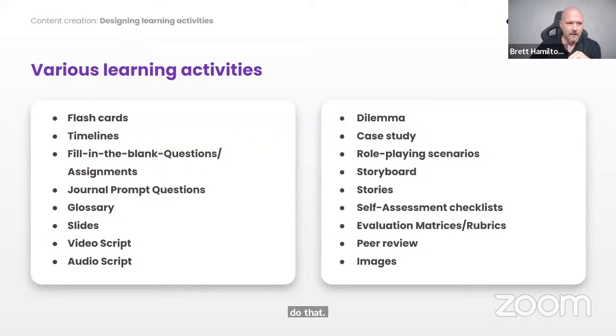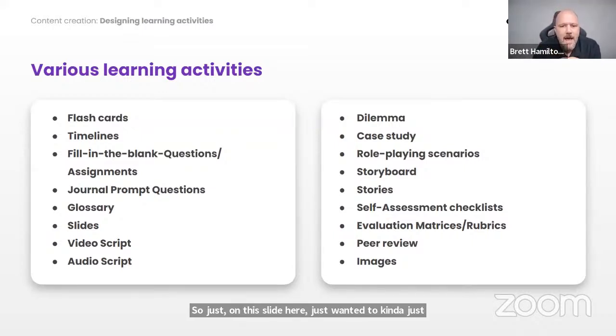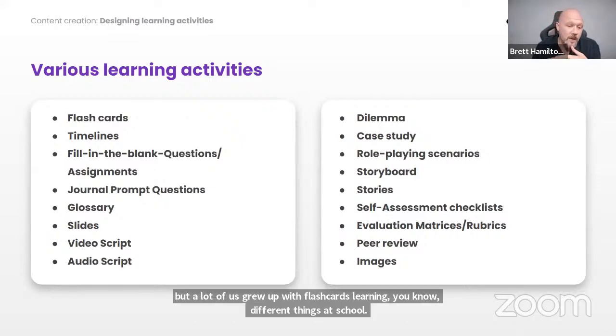So on this slide, I just wanted to list a few things that AI could really help enhance for you. All of us are familiar with flashcards. I think a lot of us grew up, or maybe I'm aging myself, with flashcards, learning different things at school. And now AI can actually create those flashcards quite quickly.